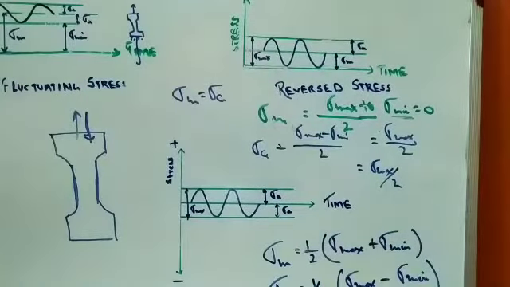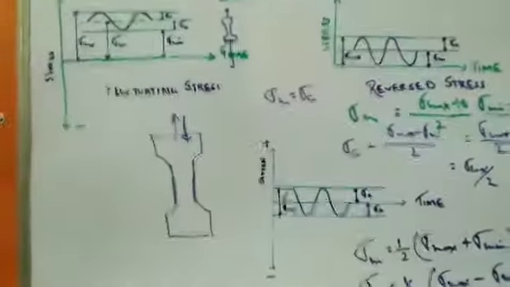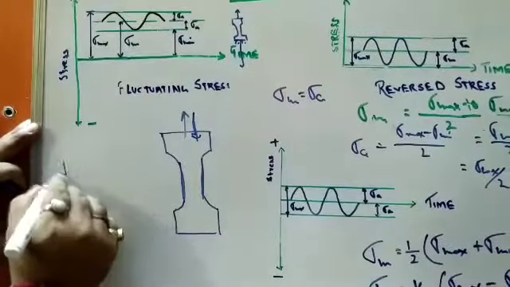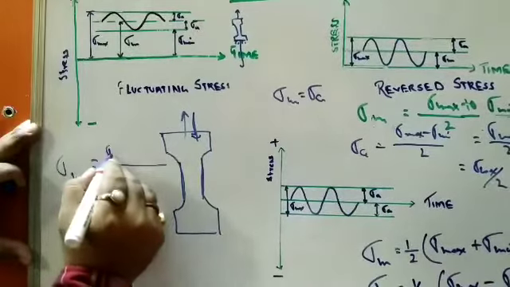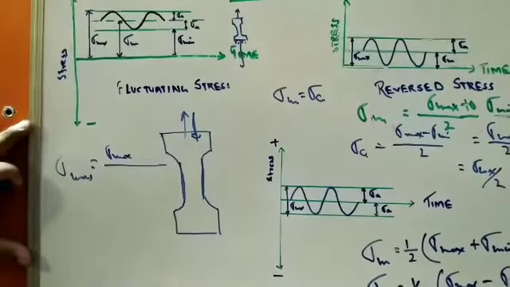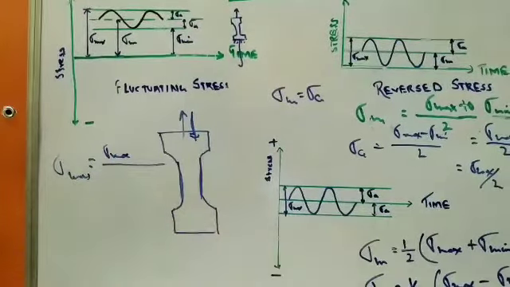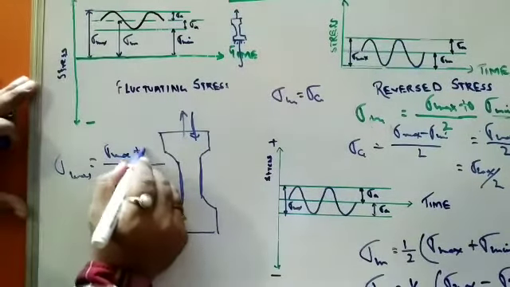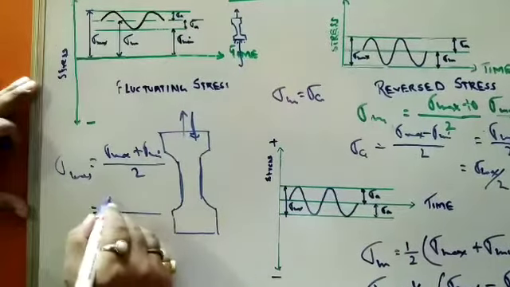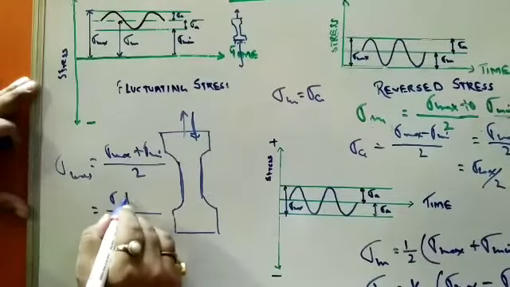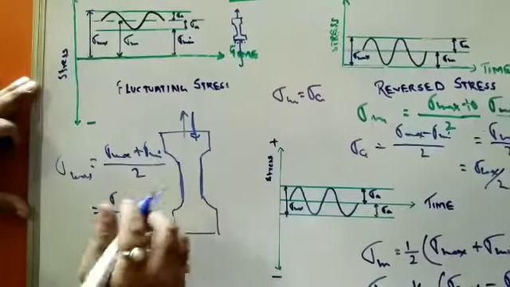Now what happened over here? Sigma max is what? Over here, sigma mean is given by sigma max plus sigma min by 2. Now you see sigma max and sigma min: one is plus, and the other is minus, because it is acting in a different way.